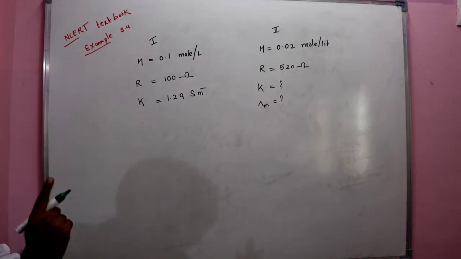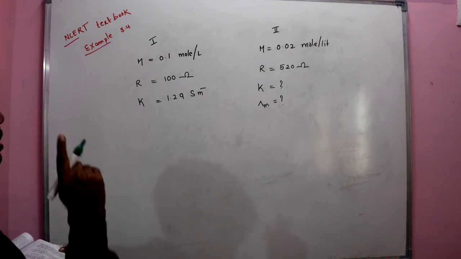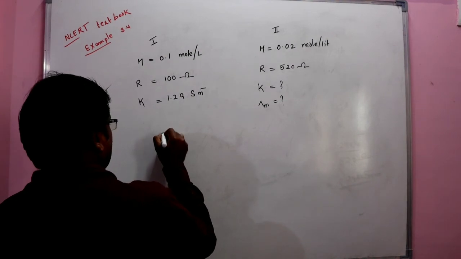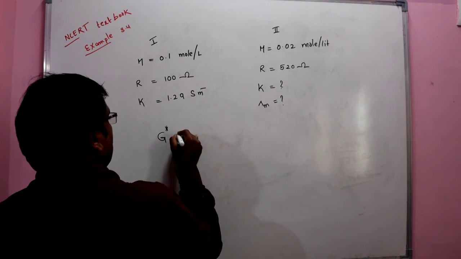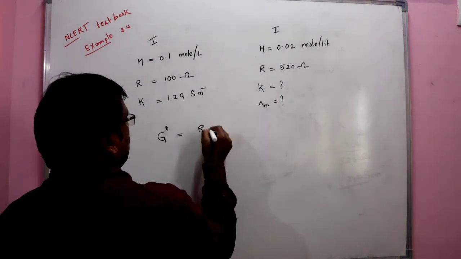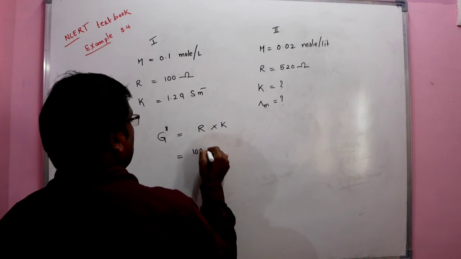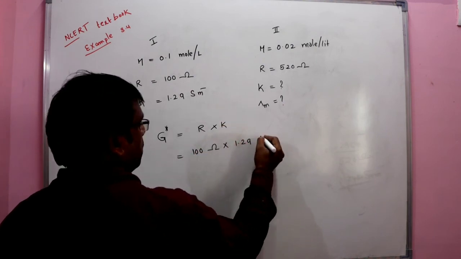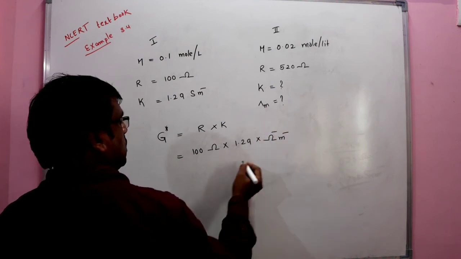You know that for a particular conductivity cell, the cell constant is always constant. We have to calculate it for the first cell. So cell constant G star is equal to, what formula? R into K. R is resistance 100 ohm into K is 1.29 Siemens, which is nothing but ohm inverse meter inverse.